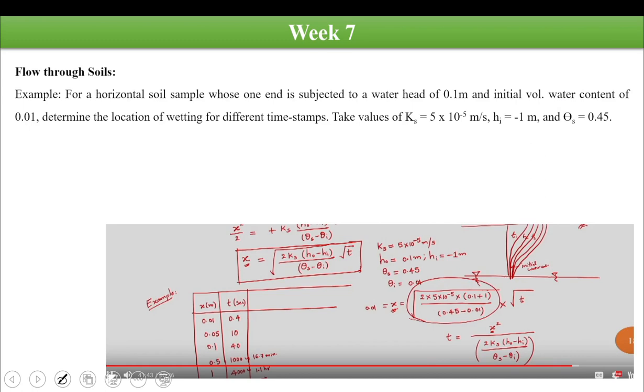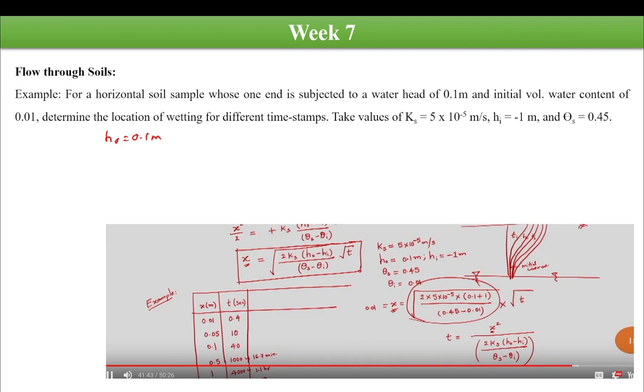So the example says, for a horizontal soil sample whose one end is subjected to a water head of 0.1 meter, so let's say H naught is 0.1 meter, and the volumetric water content at the other end is given as 0.01.